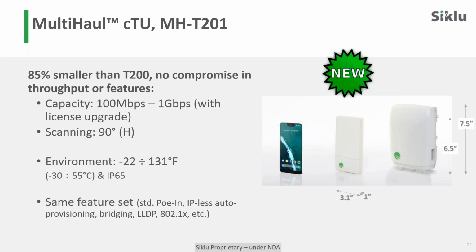But basically what we wanted to convey here is that the compact TU is roughly the size of a smartphone. It's very easy to install discreetly in many locations without any preference for the type of smartphone that one should use.